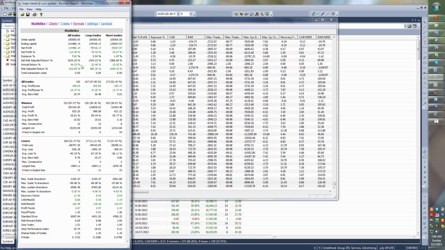So let's see what happens when we go to 78. 78 is approximately the number of Forex pairs that IB trades in total.